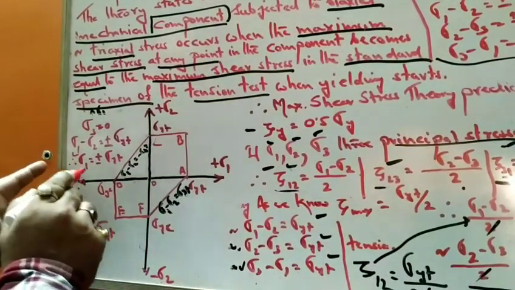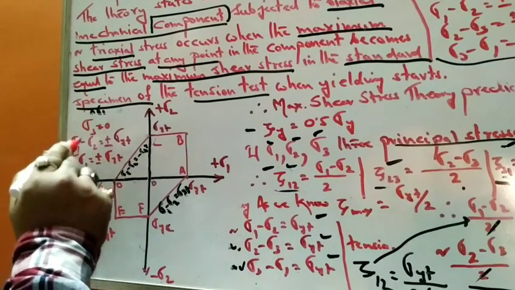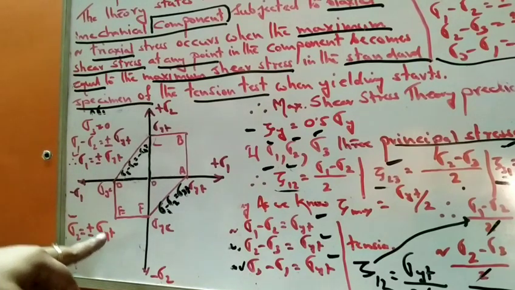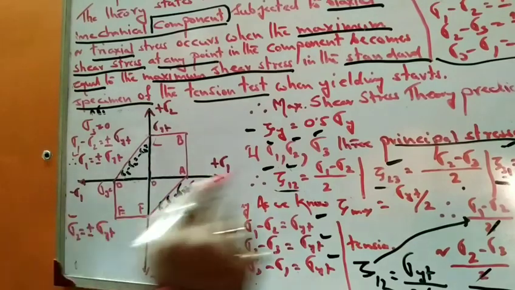Now either sigma 1 is, because if sigma 1 minus sigma 2 is equal to plus minus sigma yt, so you could write that sigma 1 is equal to plus minus sigma yt, or sigma 2 is equal to plus minus sigma yt. Now we prepare a coordinate system.